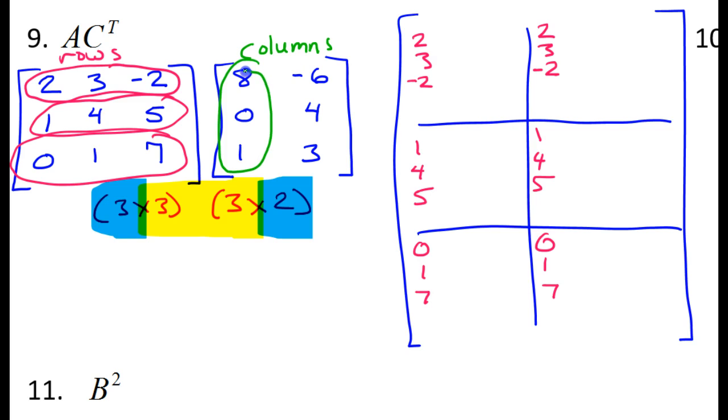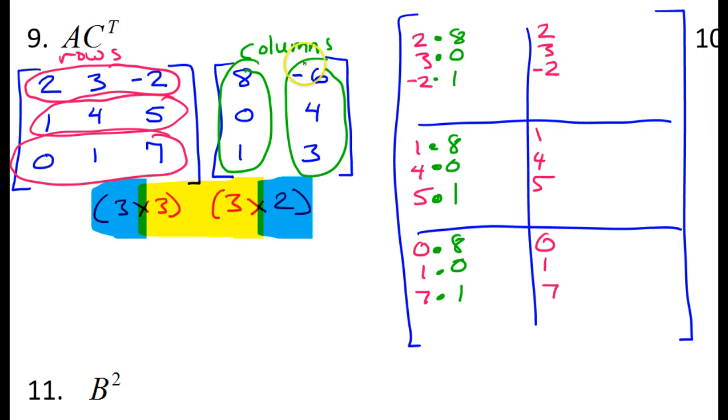Now let's do the columns. Here we have column 1. Column 1 goes down column 1. So I'm going to have 8, 0, 1. And finally we have column 2.